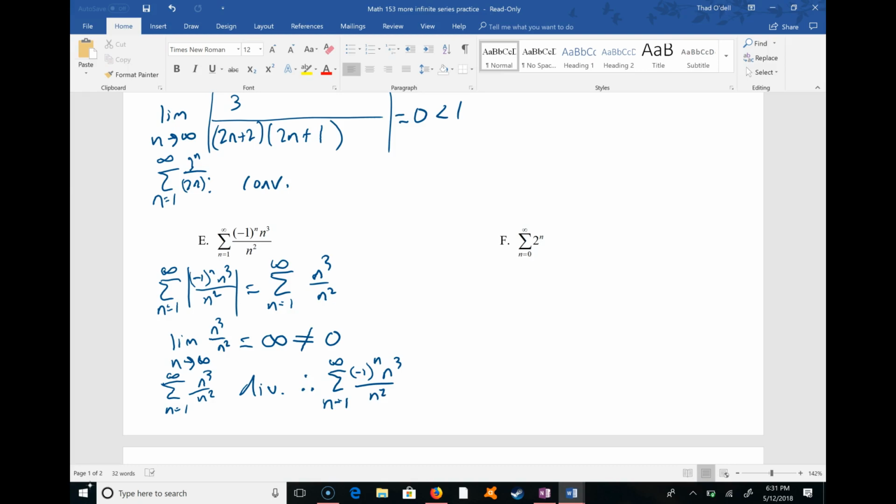Oh, whoops. Yeah, I was going to use absolute convergence to prove this convergence. That doesn't work. Shoot. Okay, well, let's scratch that one out. Because absolute convergence proves convergence, but absolute divergence doesn't prove anything. Okay, well.